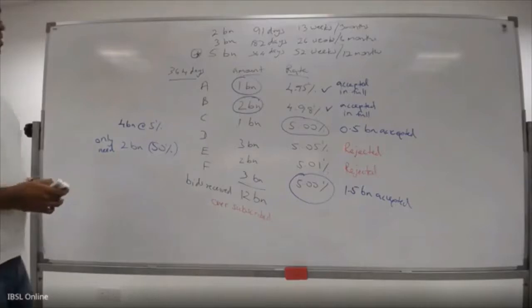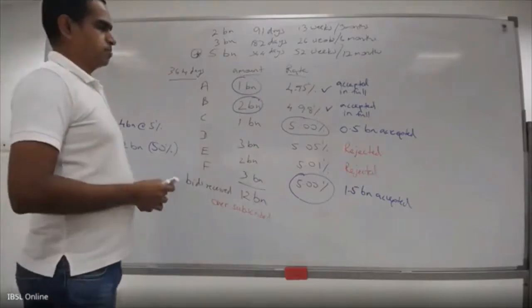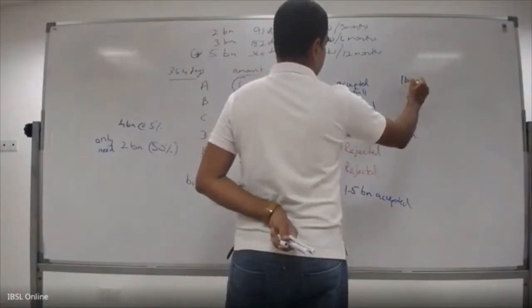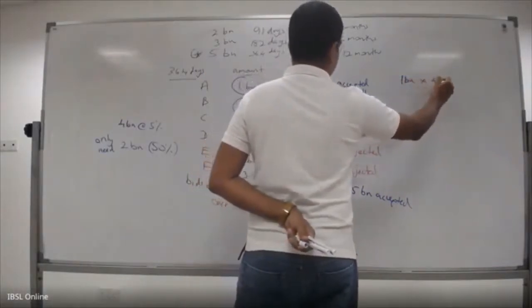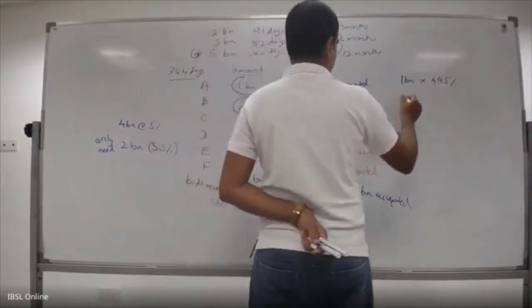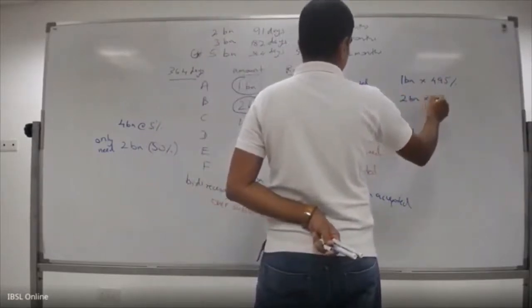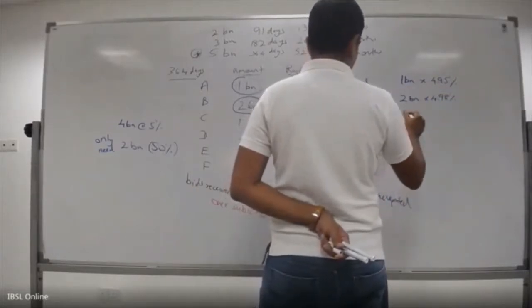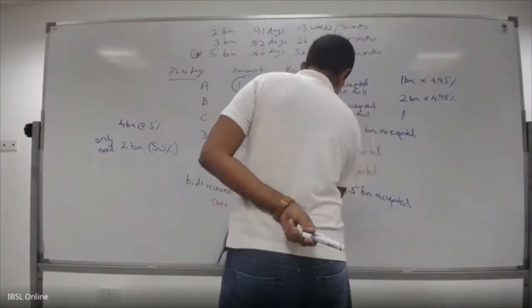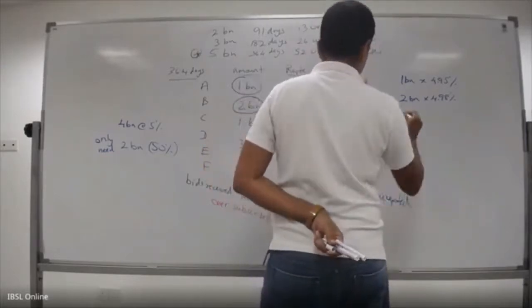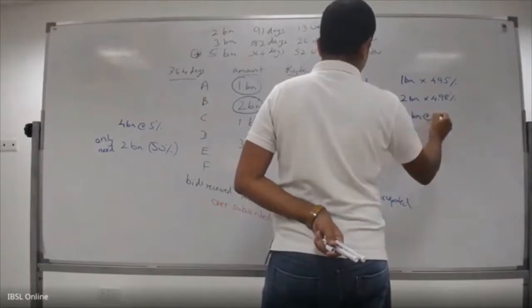Now, if you look at the cost, you have got 1 billion at 4.95%, 2 billion at 4.98%, and another 2 billion at 5%.